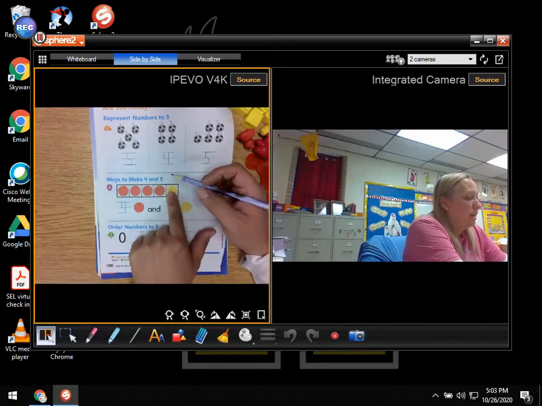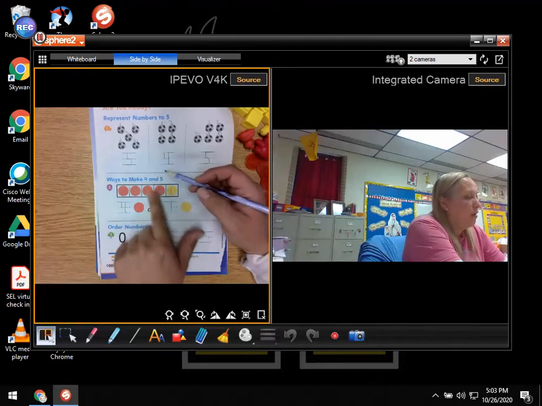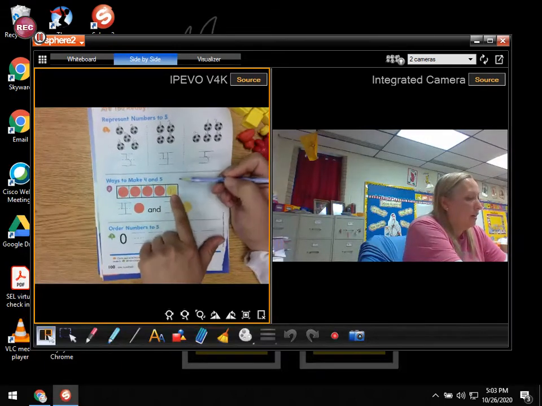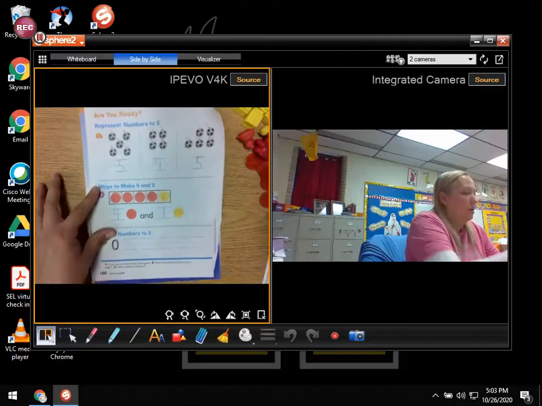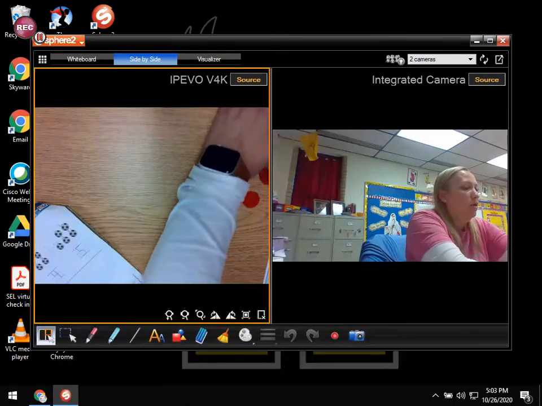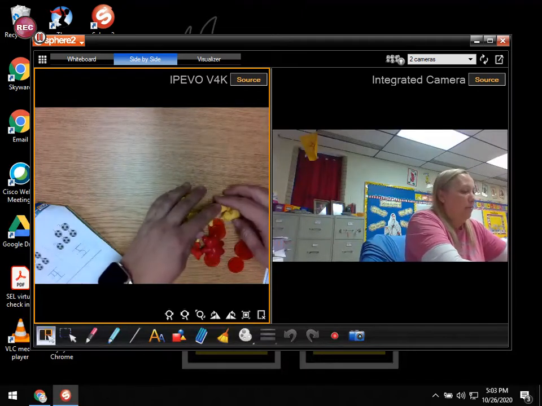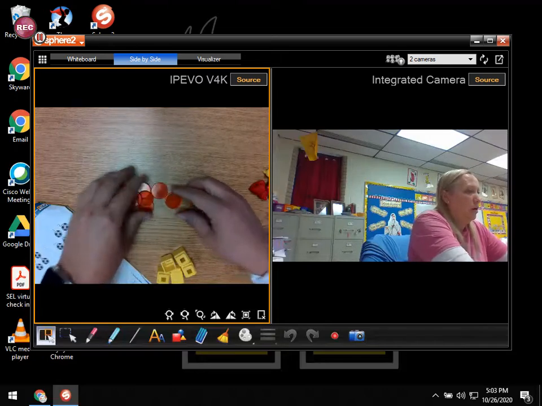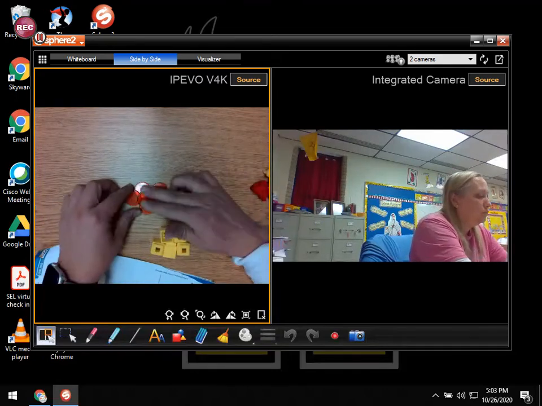So we want to learn to count forward. So if I have 4 reds and 1 more, I would say 4, 5. That's 5 total, okay? So let's look at my cube trains. How many ways can we make 5? Well, first, let's do our reds and our yellows here.